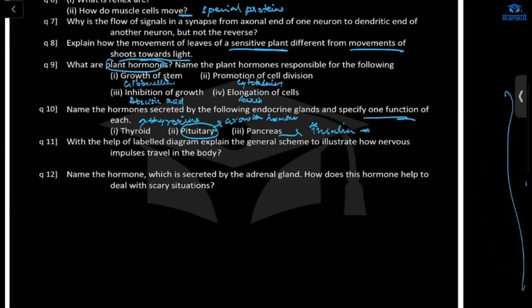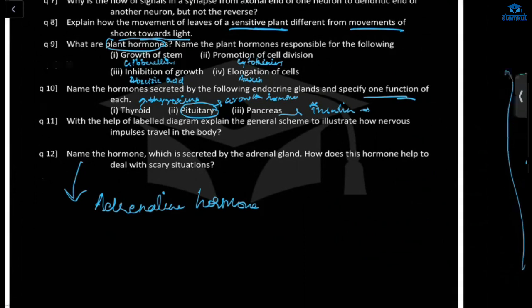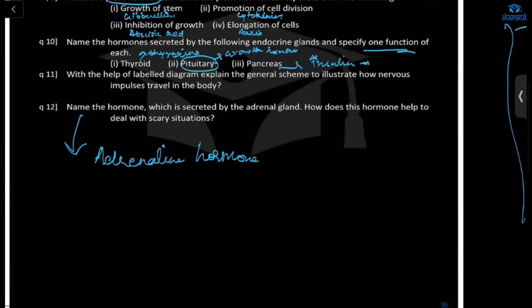Name the hormone which is secreted by the adrenal gland. How does this hormone help to deal with a scary situation? Adrenal gland secretes adrenaline. In a scary situation, in an emergency, this hormone will be released in large quantity, which will cause fast beating of the heart, and more oxygen will be supplied to the muscles.